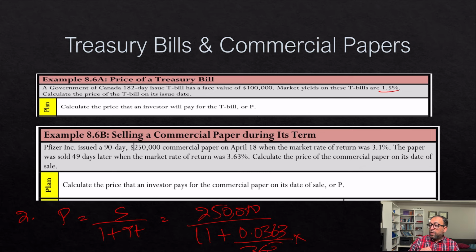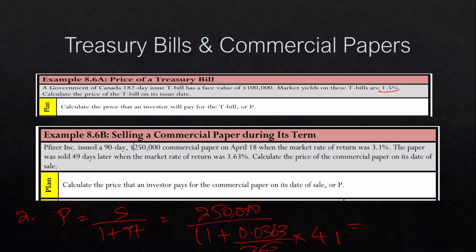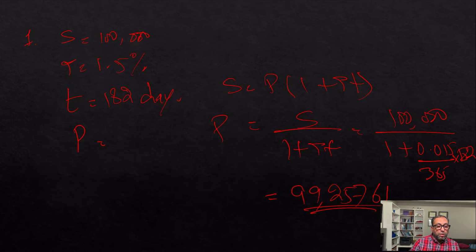No, 49. 41 days. 90 days. So yes, 41 days. So when you apply it, you get a value like 248,984.76. So this is the value of this Pfizer commercial paper, as compared to what we discussed in the previous example, which is the T-bill price.